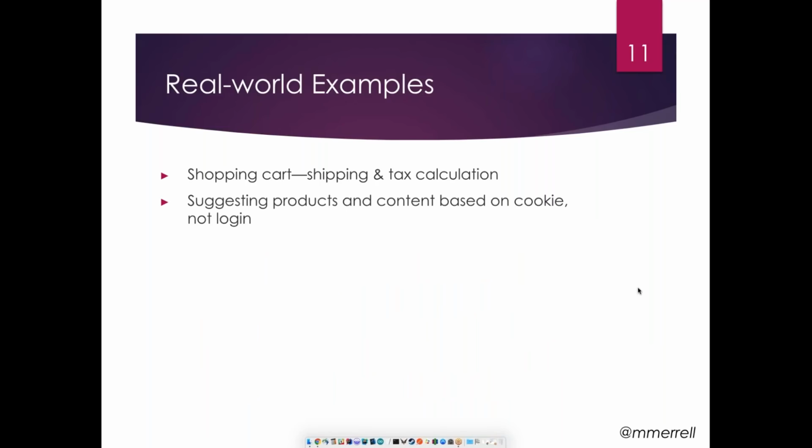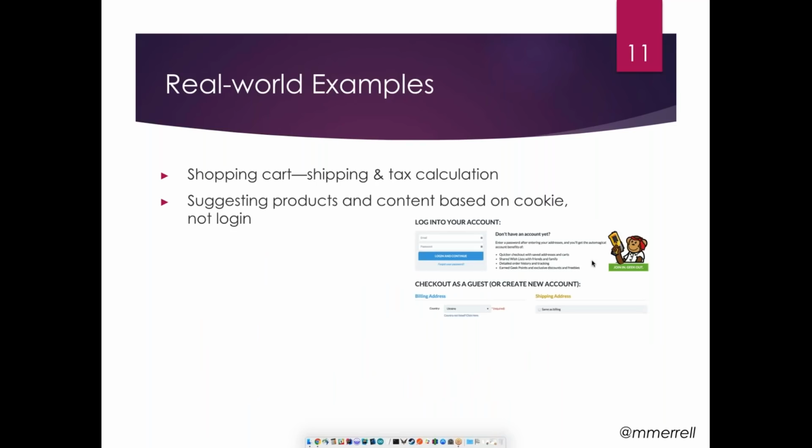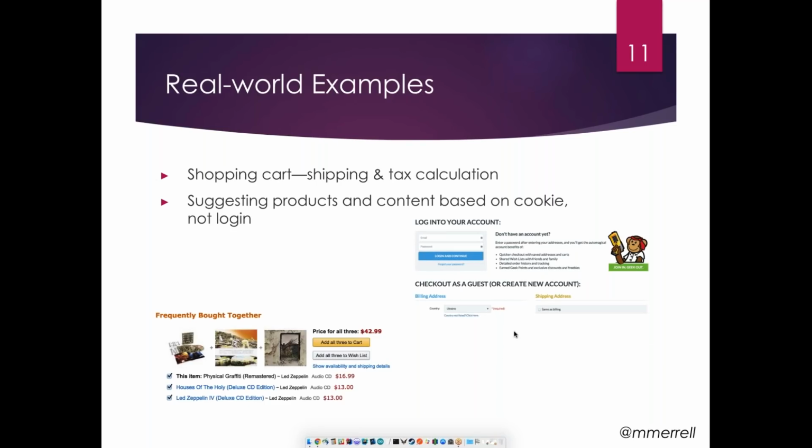So shipping and tax calculations, telling you what things they think you might like. So, you know, we know that if you're buying Houses of the Holy, you probably want to see Led Zeppelin 4 also. We do that based on correlation. This is the sort of the earliest, simplest, and most easy to understand examples of analytics that are going across.